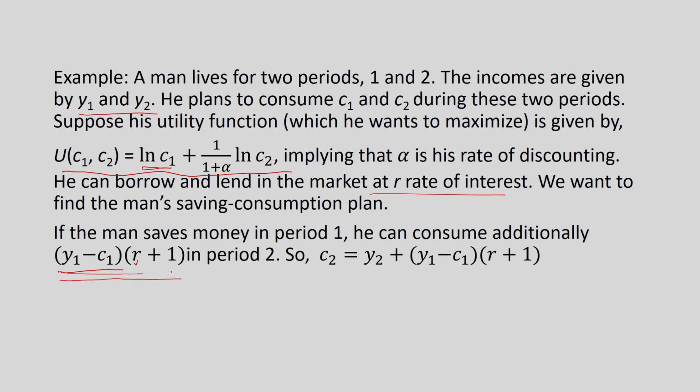So, the total amount of money that he will get back in period 2 will be this much, and obviously he will spend that money because there is no third period, remember. He lives for only 2 periods. Therefore, consumption in the second period will be the income of the second period plus the money that he has got back, which is (Y1 minus C1) multiplied by (R plus 1). So, this is the case where he is saving money. What happens if he is borrowing money in period 1?